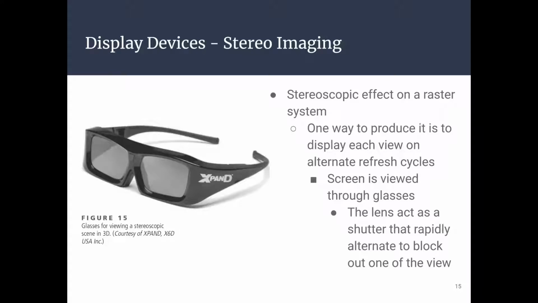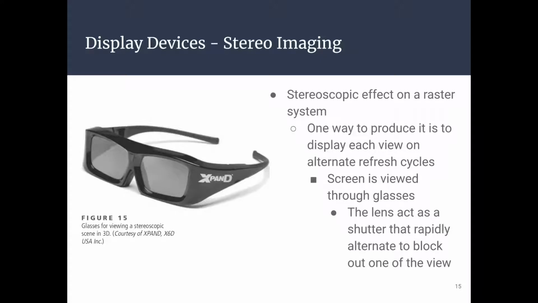As Dom mentioned before, to keep an image on a display, you have to keep going through a refresh cycle and keep shooting those electron beams out to create those pixels to keep that image going. So one way to produce the stereoscopic effect on a raster system is to display each view on alternate refresh cycles. So you will display the left eye image and then the right eye image on the next refresh cycle.